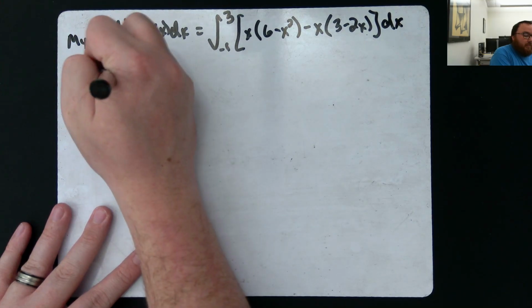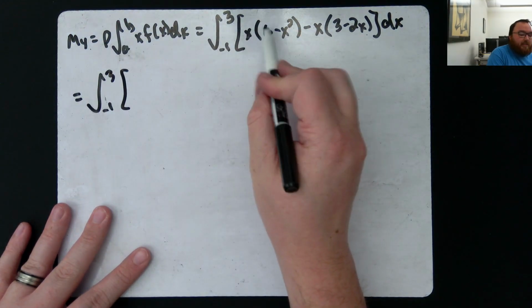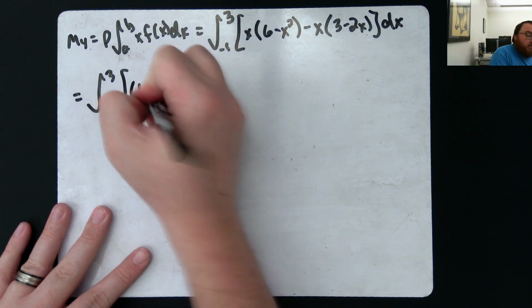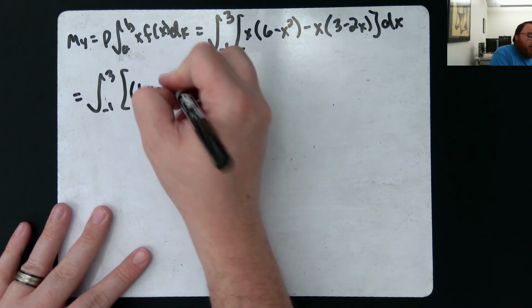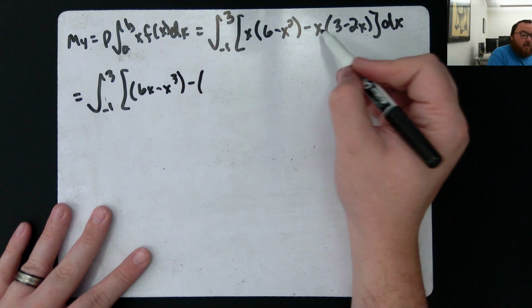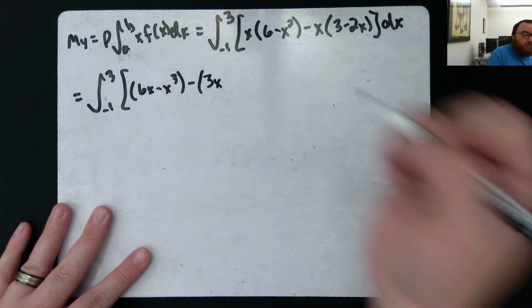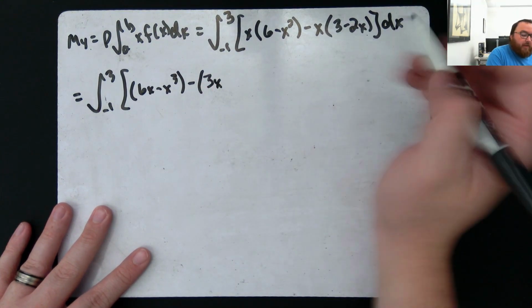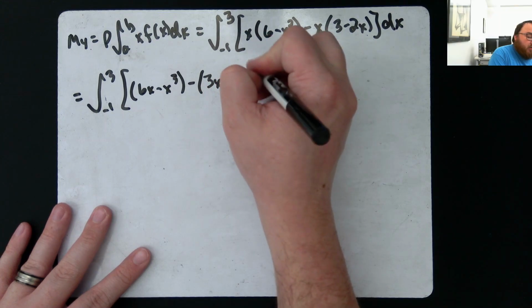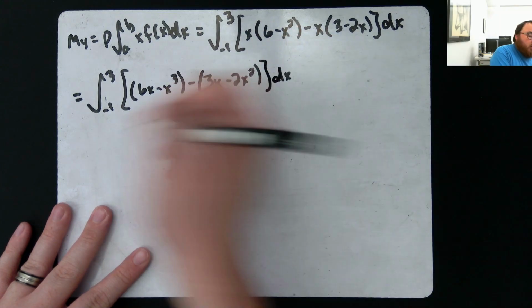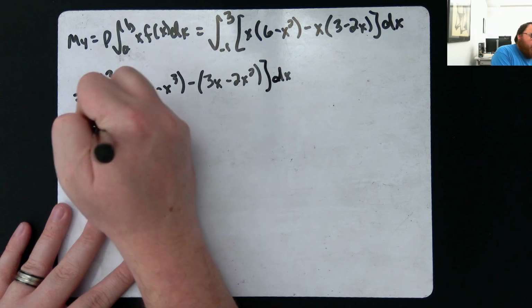Let's simplify this. This gives me 6x minus x cubed minus 3x minus 2x squared. That's going to be the integral from negative 1 to 3.